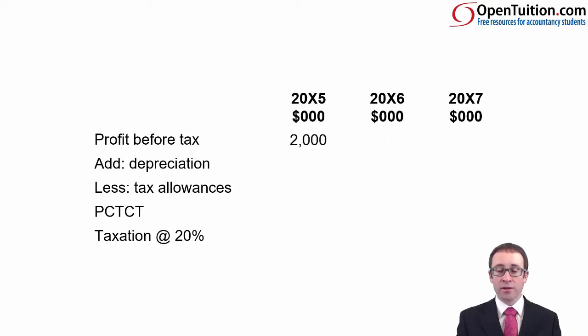For X5, the profit before tax was 2,000, wasn't it? We know that. The depreciation was 1,000, and the tax allowance was 2,500. So we claim a nice big tax allowance in the first year, and because of that, our taxable profits are quite low, aren't they? If we take 20% of that, I think we end up with a tax expense of 100.